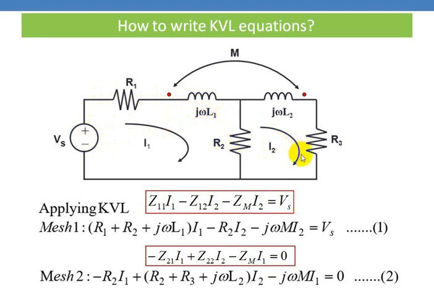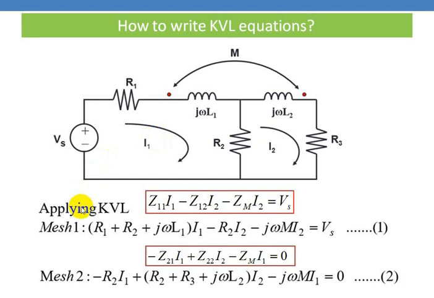In the second mesh, again we have this resistance, j omega L2 and R3. Here they are coupled and the dots are shown in the coils, this is the dot for this coil and this is the dot for this coil. And M is the mutual inductance between the two coils.